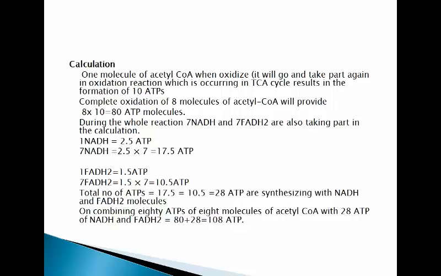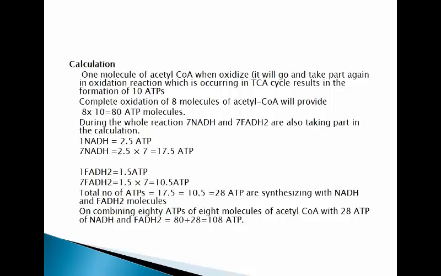And as in the whole reaction, 7 times beta oxidation occurs in palmitoyl-CoA, so 7 molecules of NADH and FADH2 also take part in the formation of ATP. So 1 molecule of NADH will produce 2.5 molecules of ATP.